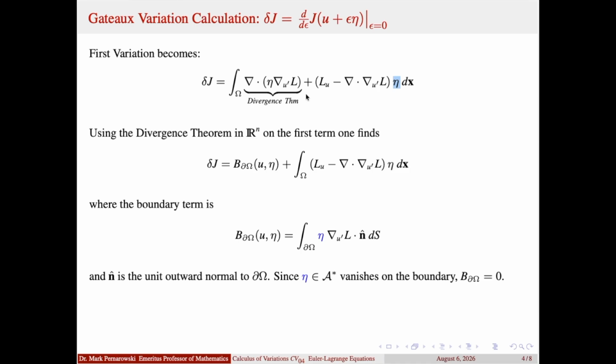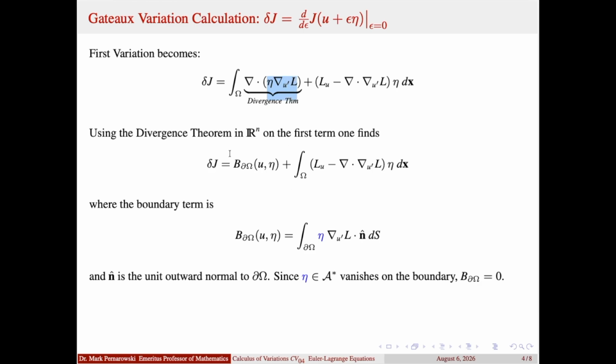How you do that in multivariate calculus is use the divergence theorem. And this is the divergence of some quantity in here. So I use the divergence theorem in Rn, and I integrate that. What pops out is that the volume integral over omega becomes a surface integral of the thing that I'm highlighting right now.